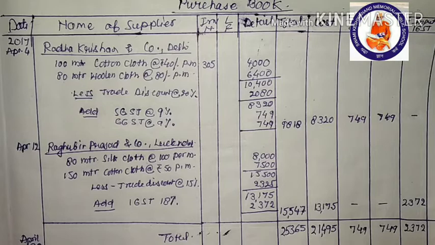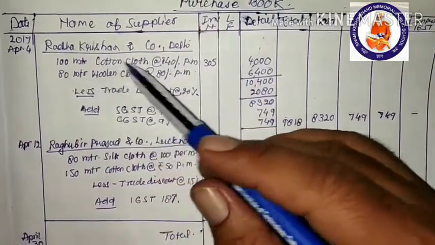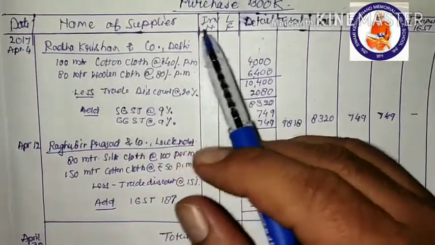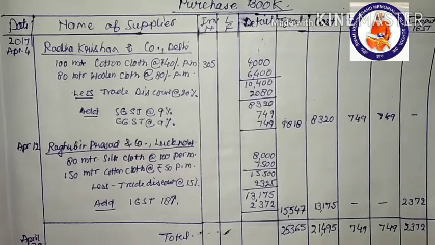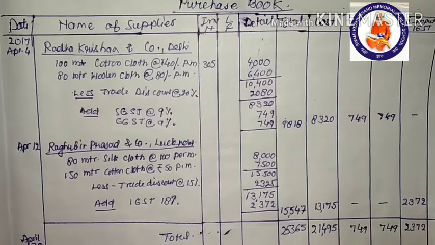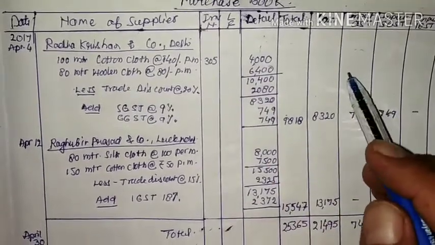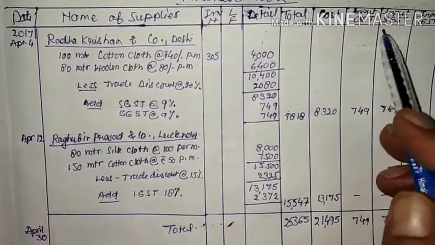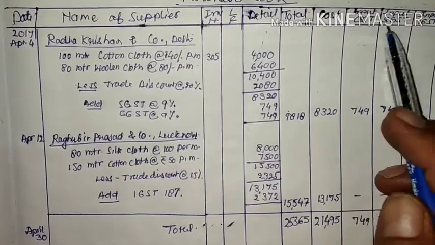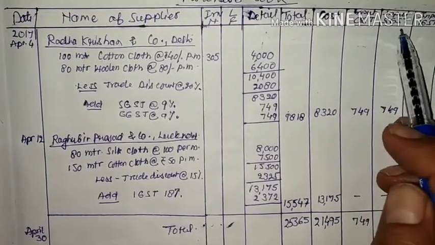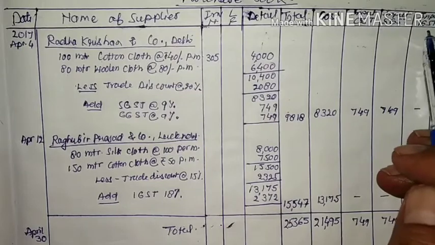purchase book. So here in the purchase book, with CGST and SGST, you can see some extra columns for cost, CGST, SGST, IGST.